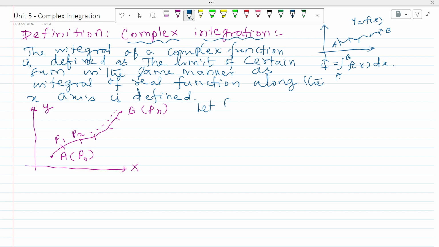let f of z. So previously for the simple integration we can take y equal to some f of x. Here we can take w equal to f of z.